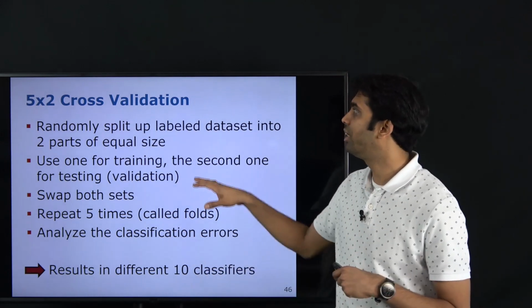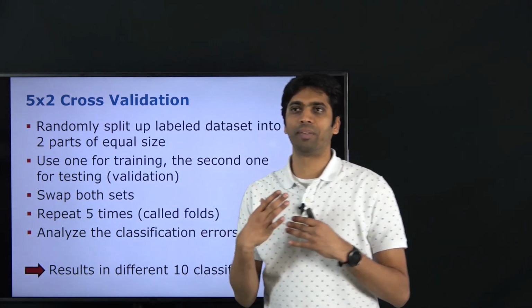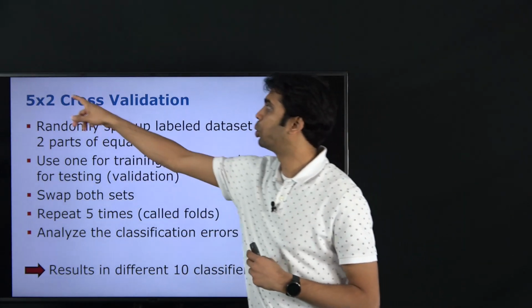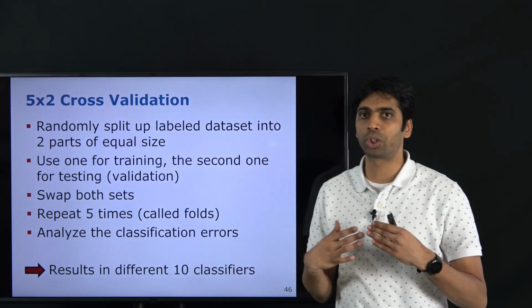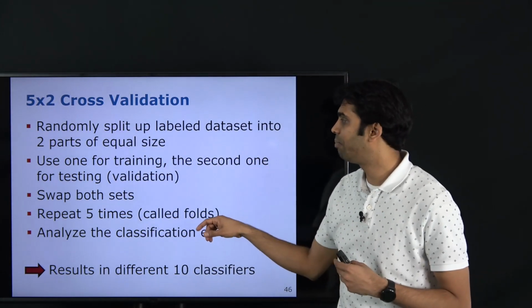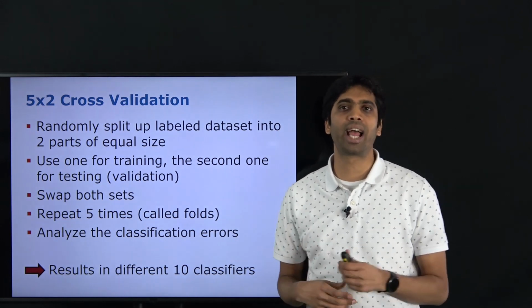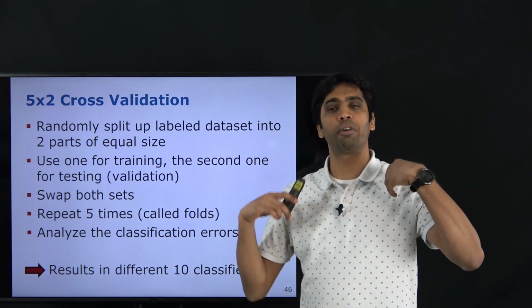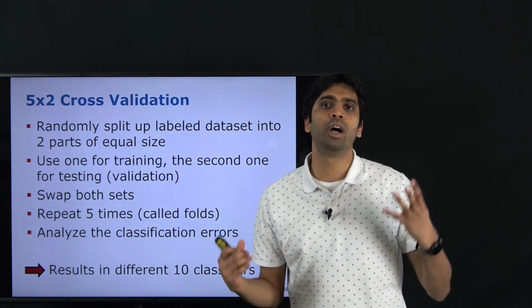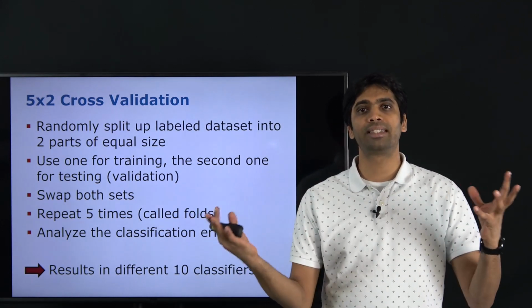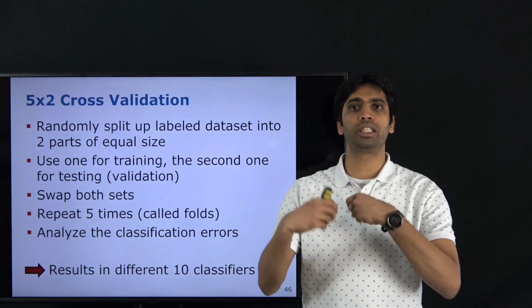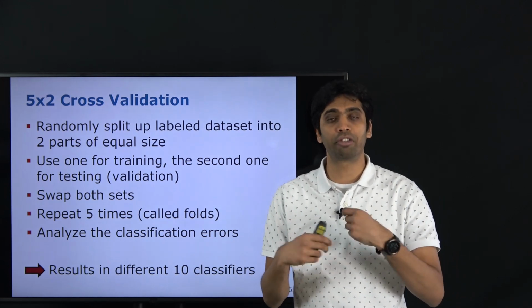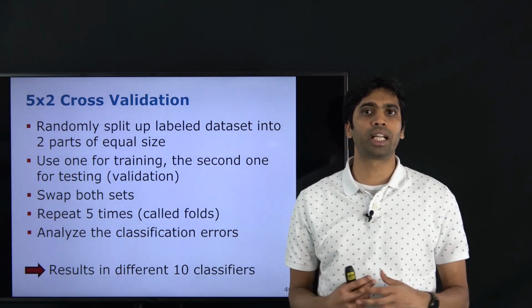So essentially we break our original training set into two parts, therefore this cross 2, and then we repeat this whole process 5 times, and the performance of our classifier is defined as the average performance over these 5 different swaps that we have made.